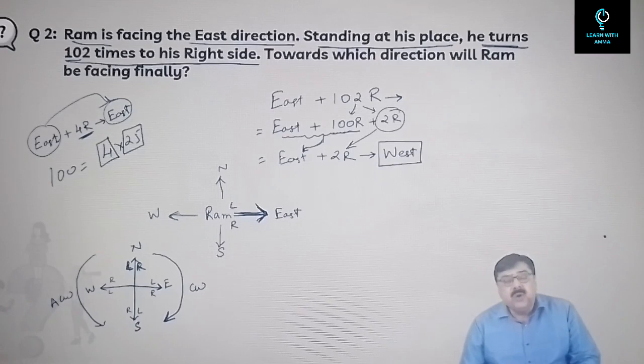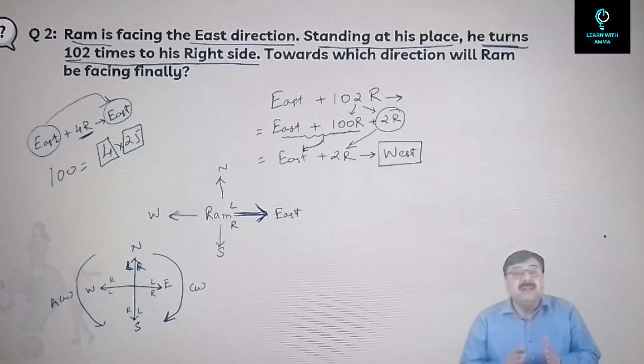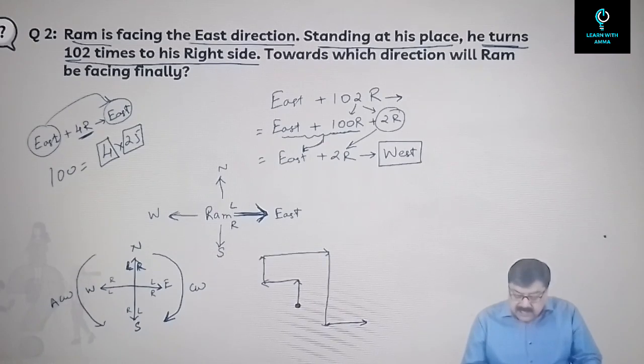Apart from that, you should know that whenever you are going to solve questions based on directions, you would be drawing a diagram in rough. Now, let us say that you draw a diagram like this, and this is your starting point. Now, when you see that initially this person was facing north, his left and right is going to be the same as your natural left and right. So now, if he's turning left, this is left, this should be L, this should be R. Go like this along these arrow marks.